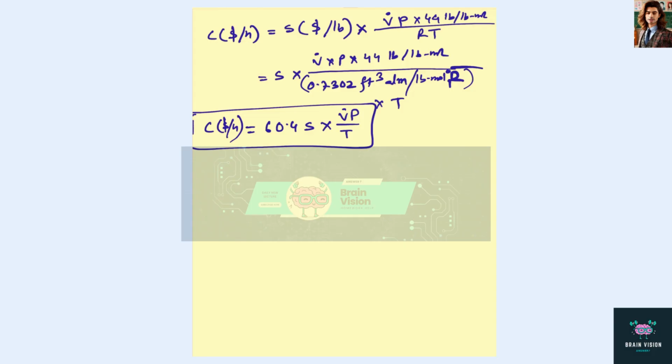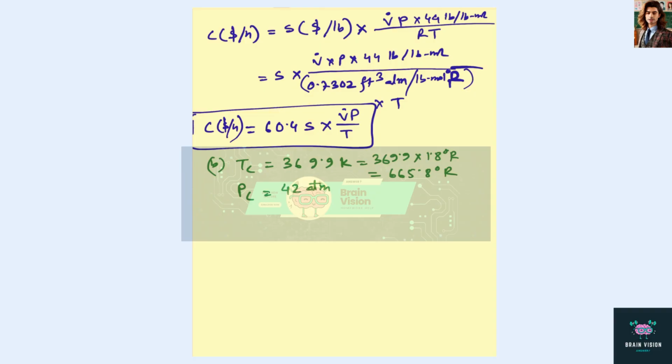The next problem says calculate the charge for propane stream. We know the critical temperature and critical pressure for propane is 369.9 Kelvin, and the critical pressure is 42 atmospheric pressure. Let's convert the critical temperature to the Rankine scale. Therefore, the temperature is 665.8 degree Rankine.